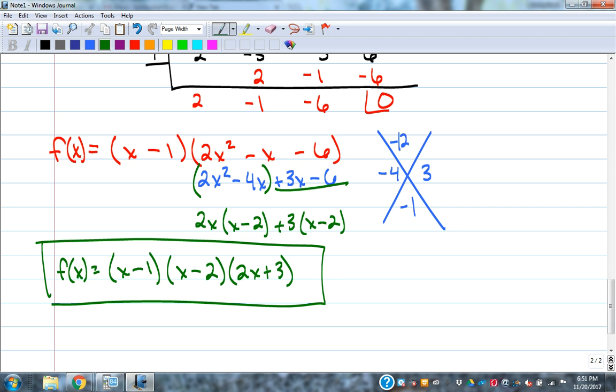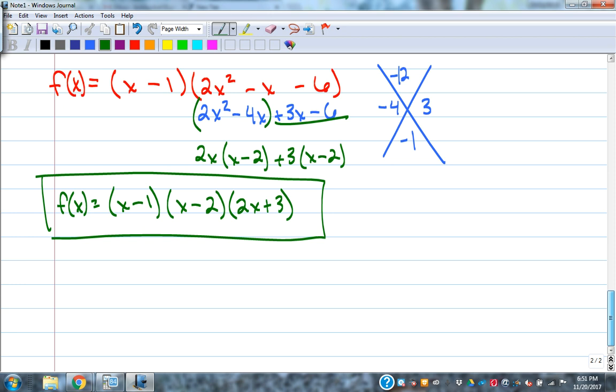Getting that factored form helps us when we go to do the next thing. What that helps us do is find the zeros. If we can get it in factored form, finding the zeros is easy.